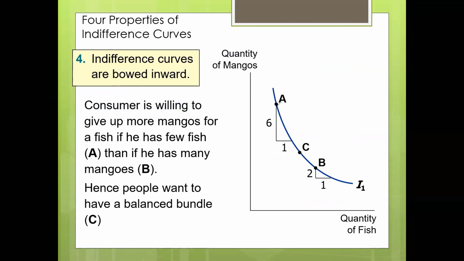So if he could afford to go to point A, let's draw an arrow here. Let's suppose that he can afford to cover this much distance. So he has this much resources. Then why doesn't he move to another indifference curve with point D where this distance is the same?